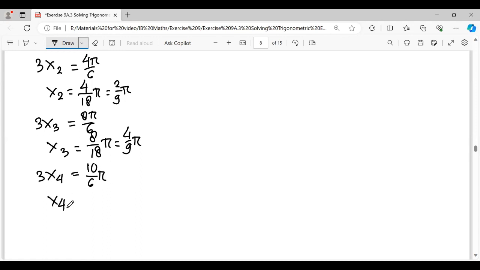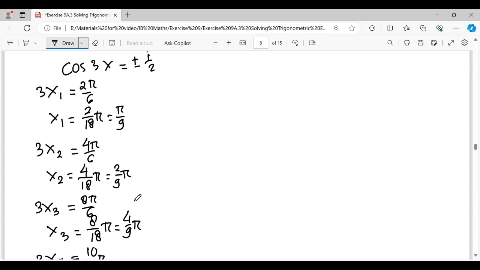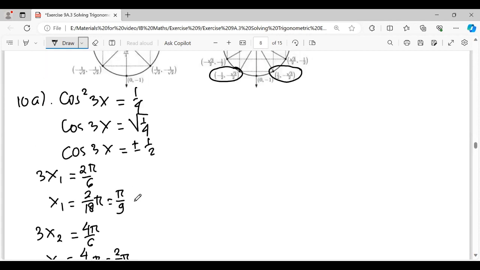So x4 is 10/18 pi, divided by 2, 5 over 9 pi. After that, 3x5.